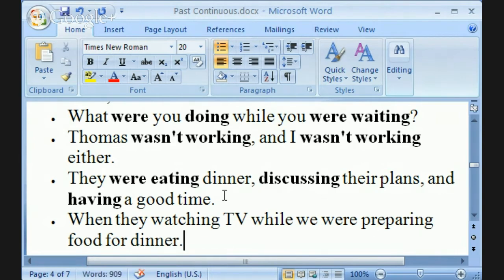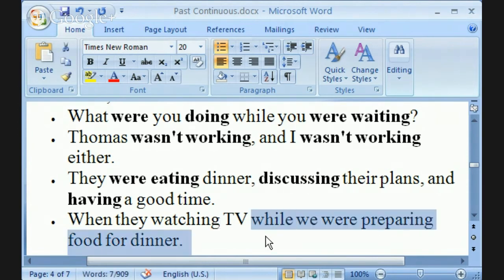Now, this is important. Okay, first of all, I don't have any problem with the back end of the sentence. While we were preparing food for dinner, that's fine. Here's something you just can't do. You can't have when and while in the same sentence. Well, not in this sentence anyway.